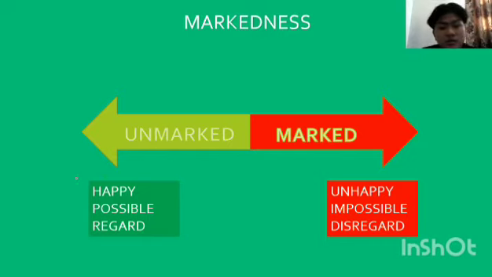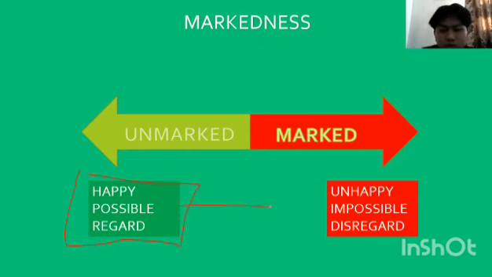This is the morphological example that I take. These three words, happy, possible, and regret, can get different meanings if they are marked.